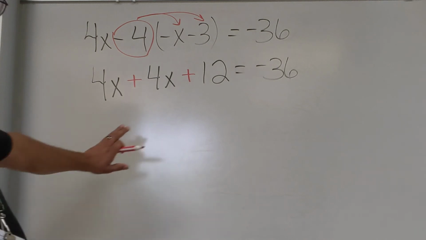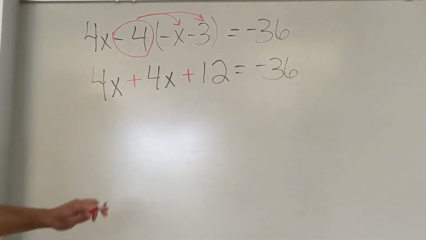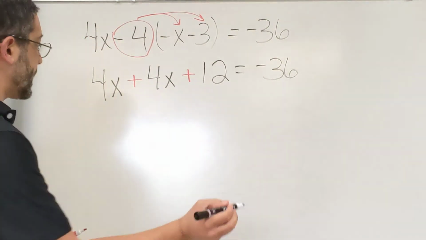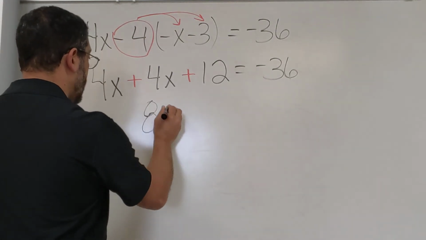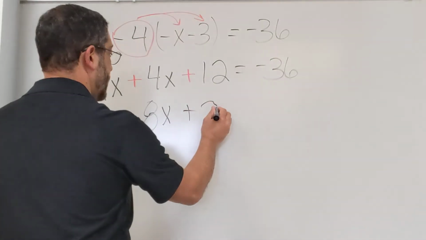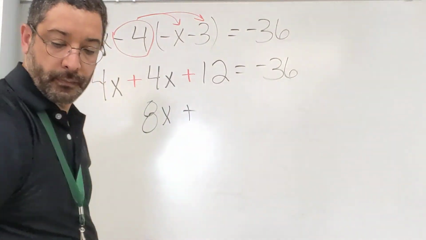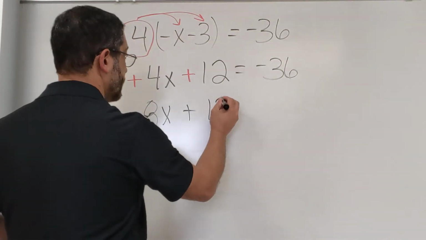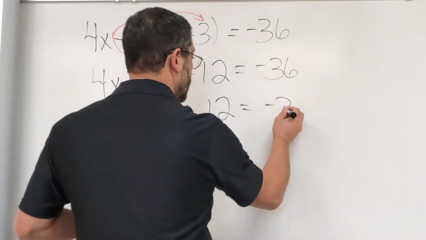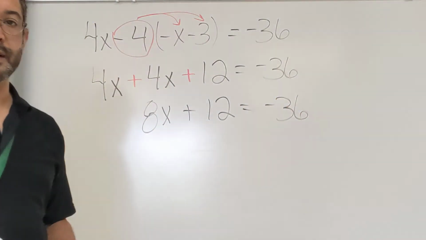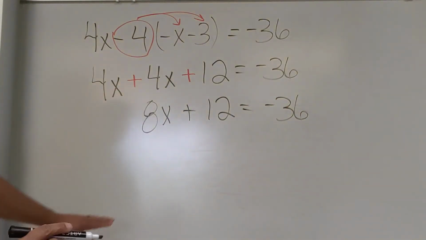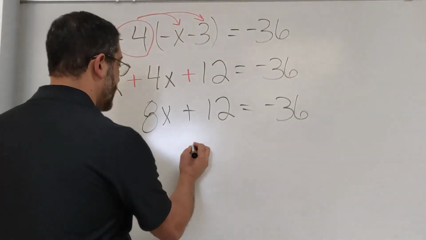All right? So I distributed. Now I need to combine my like terms. So 4 plus 4 is going to be 8x plus 12 equals a negative 36. So now I subtract 12 from both sides.